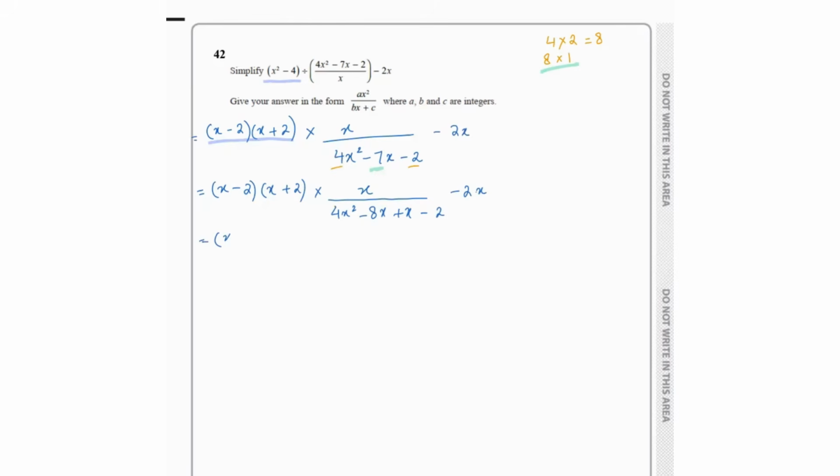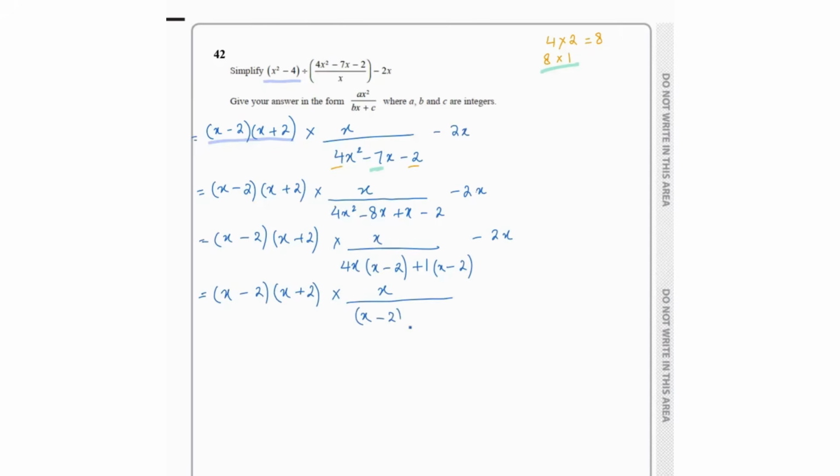Now we do factor by grouping. First two terms have 4x in common. Last two terms have plus 1 in common. So we have x minus 2 times 4x plus 1.